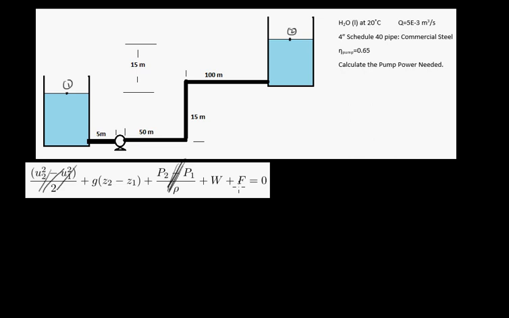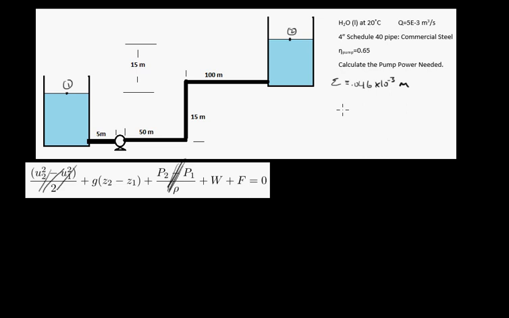At one point you're going to need to look up some items from tables here. One thing that you can look up is the surface roughness for commercial steel, and the symbol used to represent that is epsilon. So epsilon for commercial steel is equal to 0.046 times 10 to the negative 3 meters, and you're going to find that in some kind of fluid mechanics textbook or on the internet.